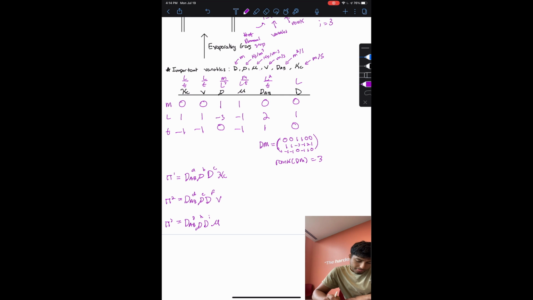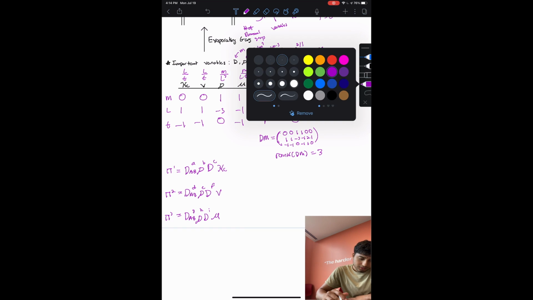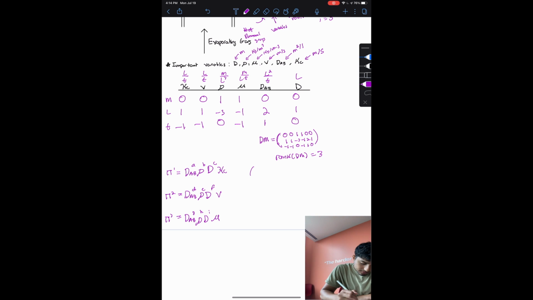So, let's do it. For the diffusivity, we know it's meters squared per second, A. Density, kilogram per meter cubed, B. Diameter is in meters, C. And then the last one, it's not gonna have any exponents on it, so we're just gonna put meters per second on that one.